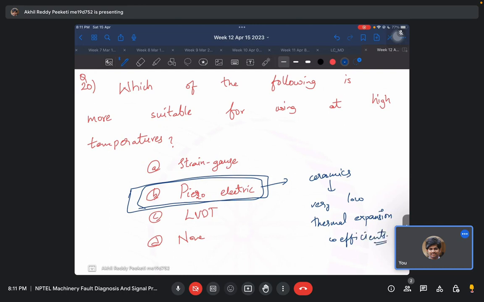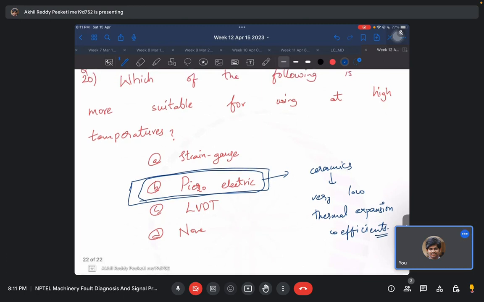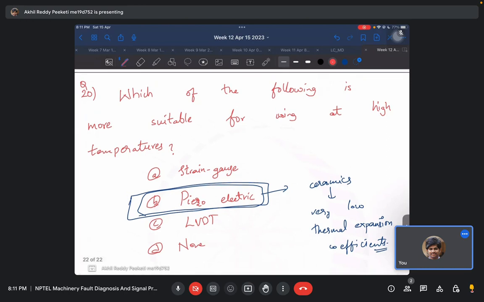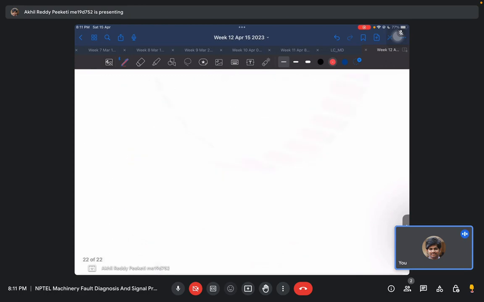So they can stay stable at very high temperatures, so they are more suitable for higher temperature use cases. Okay, now let's go to the next question.